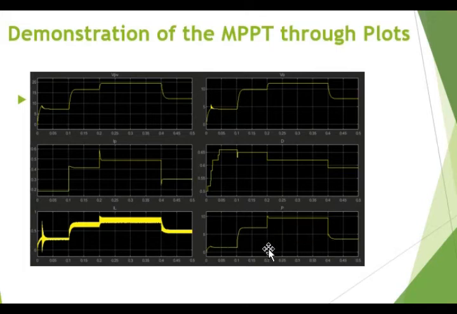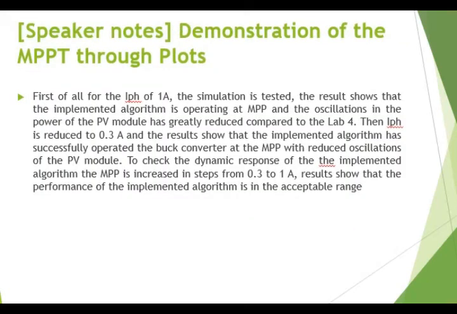In this final stage, from 0.2 to 0.4, at full irradiance, the PV module gives almost 9.5 watts. So these are the results of our simulation.